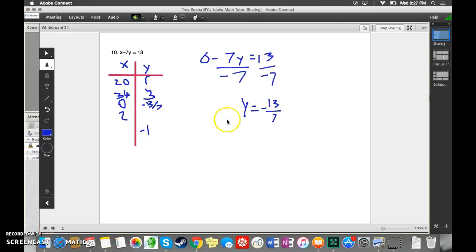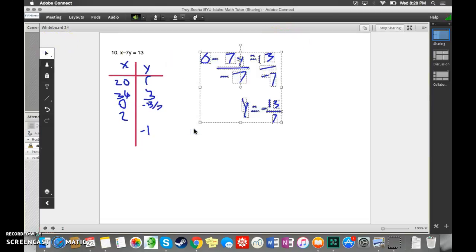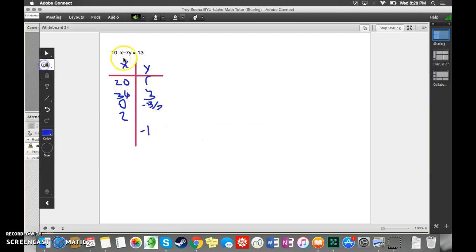Okay, now 2. Same process, but different numbers. All right, so I want you to solve this one for me. We get 2 minus 7y equals 13. I'll give you about 30 seconds or so to solve it. See how far you get.